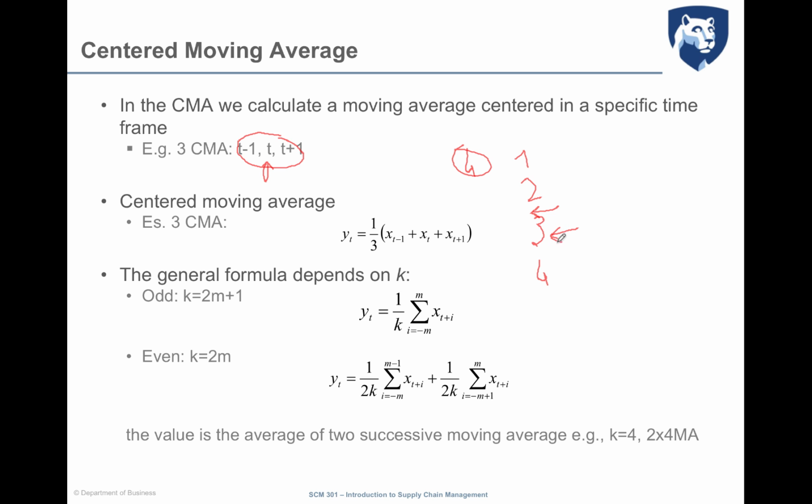Then I calculate a moving average which is balanced in the lower bound. So I add the fifth value and I consider this range. So this is centered, with 2 after and 2 before.